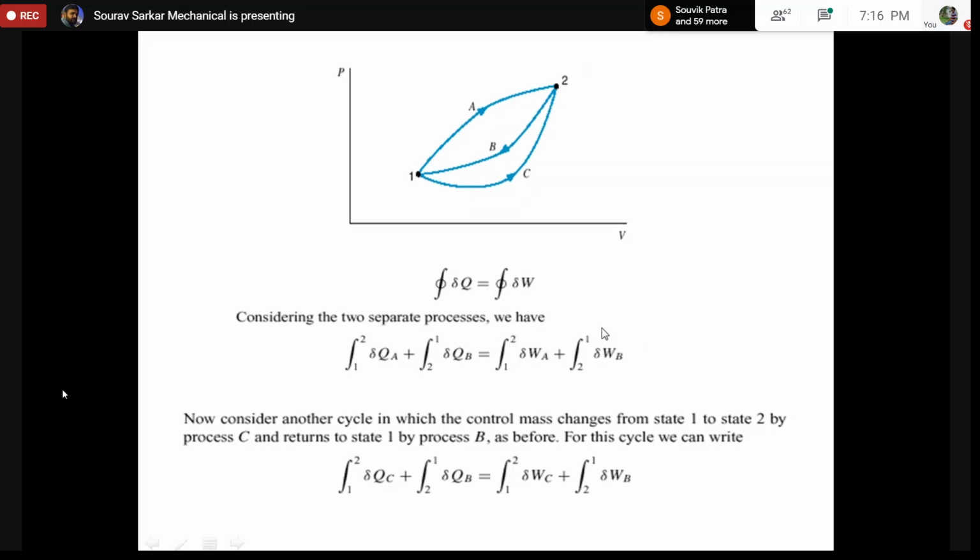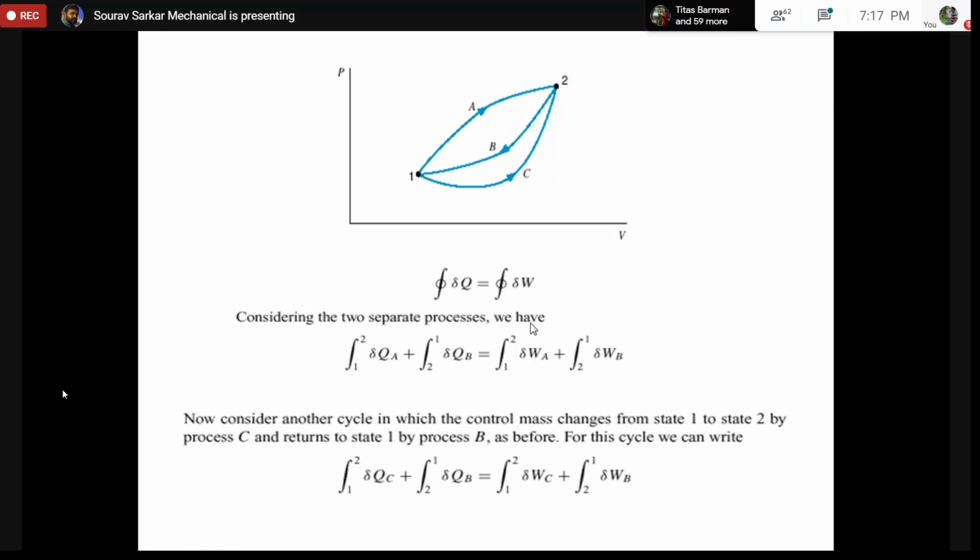So according to the first law, this summation of heat transfer is equal to the summation of work transfer. Do you get my point? If we sum up the heat transfer for each path, and that should be equal to the sum of work transfer. So summation of dQ equals summation of dW.